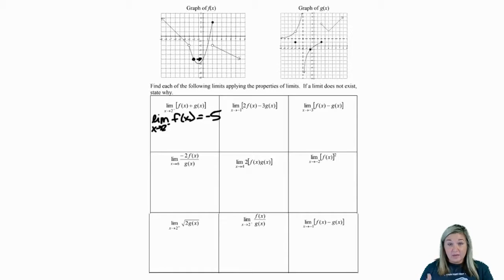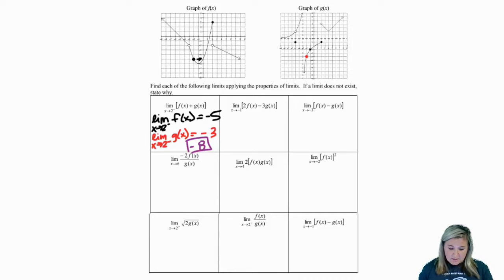And same thing for g of x, which would end up being -3 based on this point right here. Then I'll just add those two together, and I would get -8.